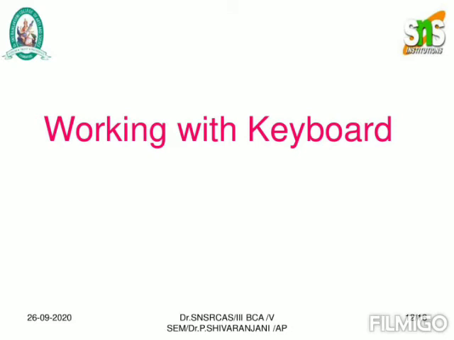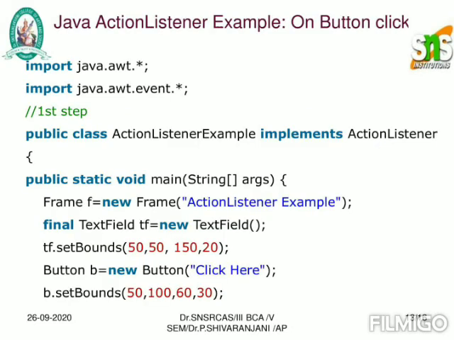Next one is working with the keyboard. Using the Java ActionListener interface, you can specify that the action is performed by the help of your button, that is, by the help of your keyboard.